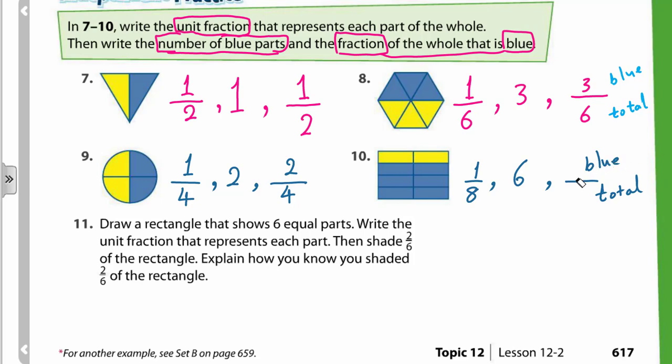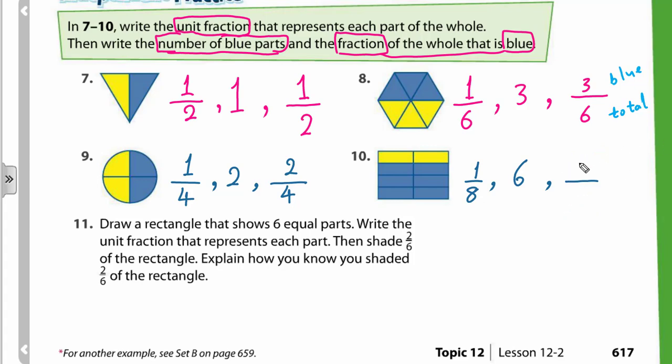Again, the fraction. I mean 2, and I say 2, 6. Wrong, of course. Blue, the total sectors. Wrong, of course. Again. No, 2 8s.